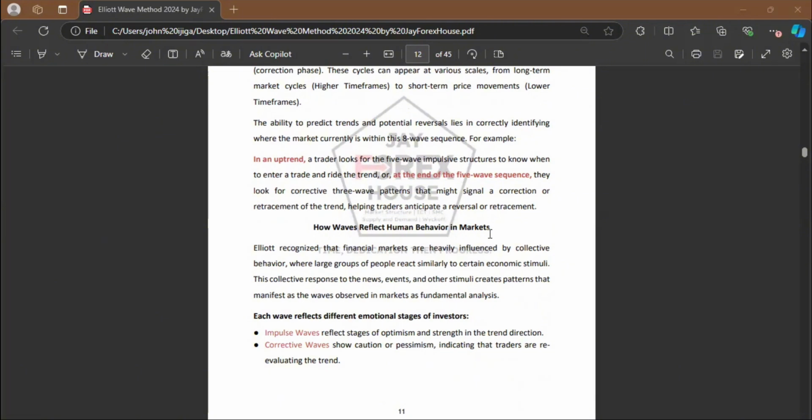We are doing it as simplified as possible and breaking it down so you can follow up. We're giving you every inch of it so you can digest it and have a recording to replay yourself, so you don't have to pay any mentor in the future to learn these particular methods. How wave reflects human behavior in the market basically goes into sentimental and fundamental analysis.